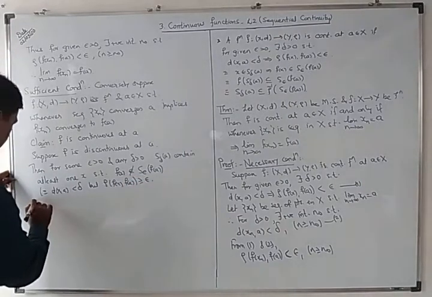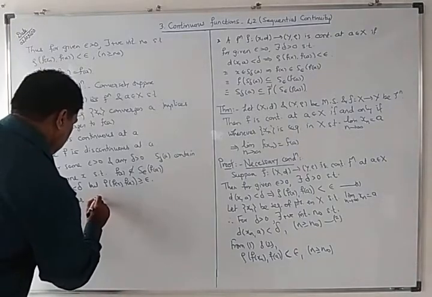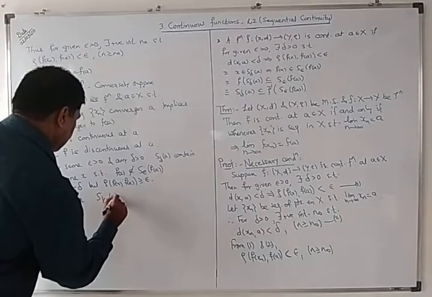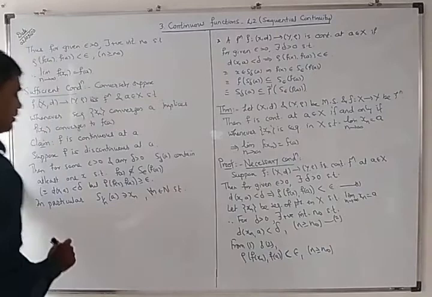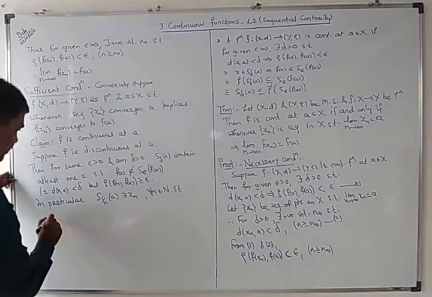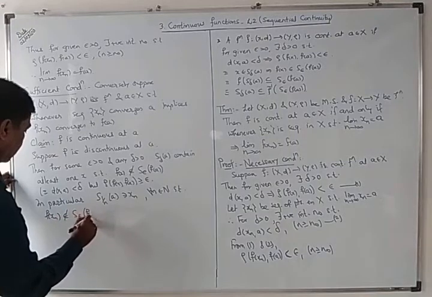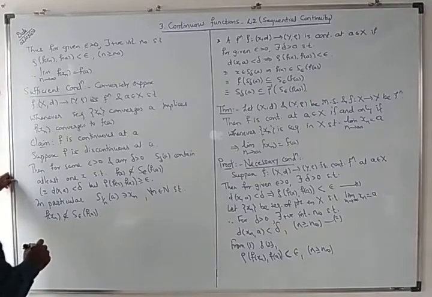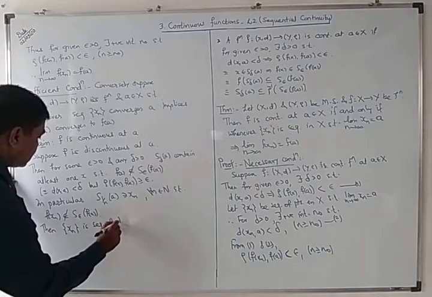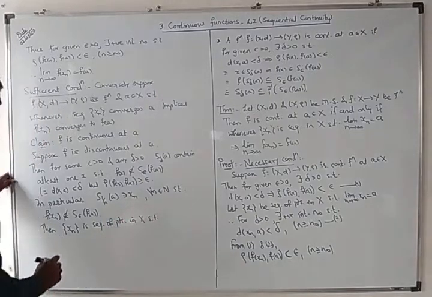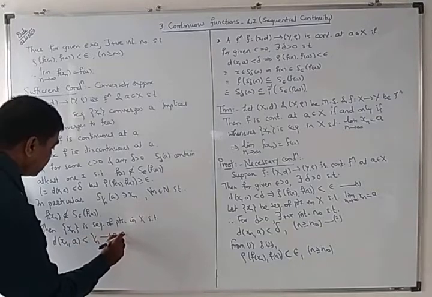In particular, S_{1/n}(a) contains some x_n for every n belongs to N such that f(x_n) doesn't belong to S_epsilon(f(a)). Then x_n is a sequence of points in X such that d(x_n, a) is less than 1/n, which tends to 0 as n tends to infinity.